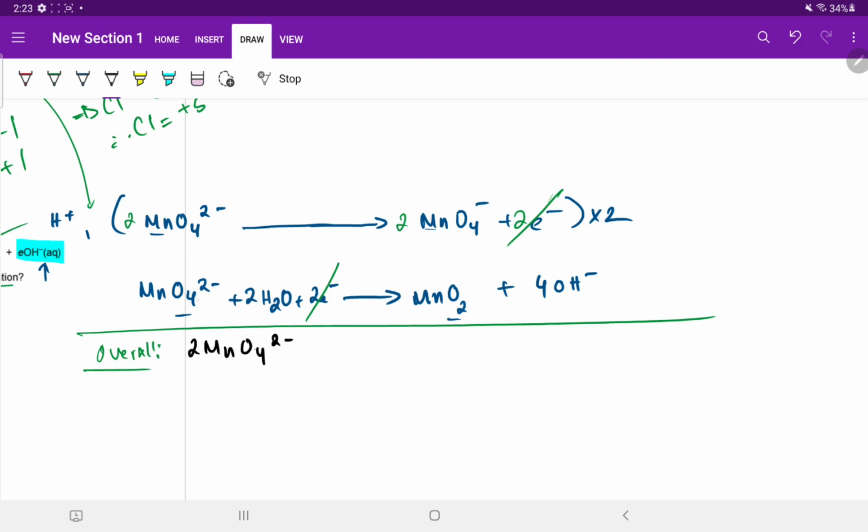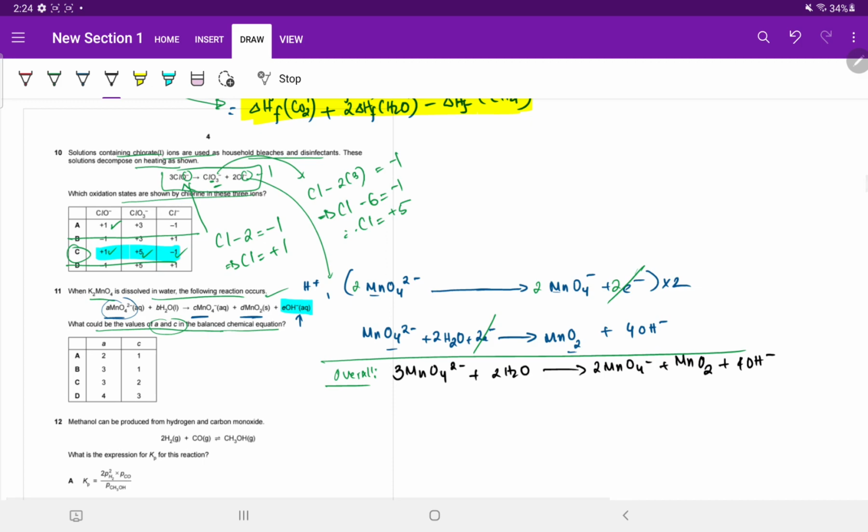We have 2 MnO4 2- plus on the left hand side we have MnO4 2-, so this basically adds up to get 3 MnO4 2-. So let's write it all together. So 3 MnO4 2-, we have got 2 moles of water over here, and over here we have got 2 moles of MnO4- plus MnO2 plus 4 moles of hydroxide.